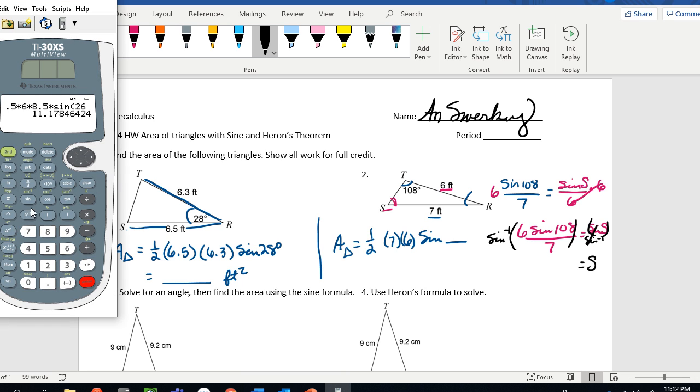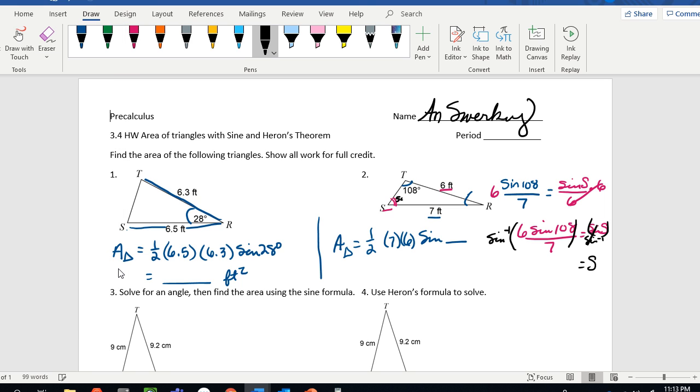And in the calculator, I'm going to put second, first of all, let's clear it. Second sine, N over D. Okay, so I've got it set up where I can put all of this in there. 6 times sine 108 over 7, enter, 54.6.